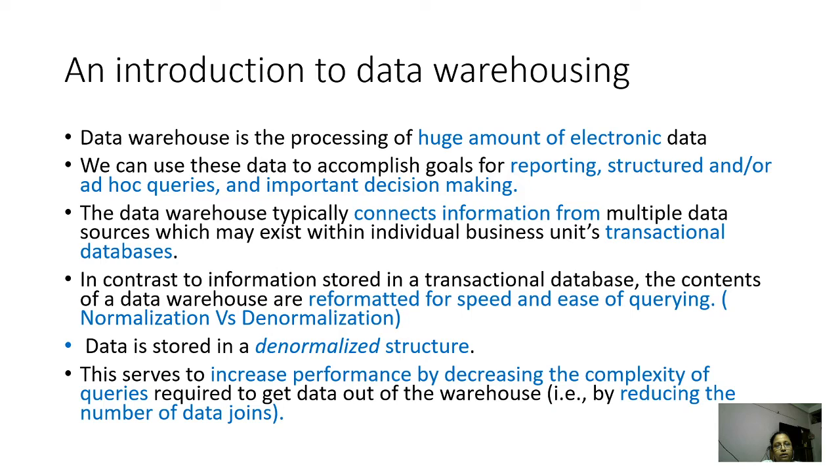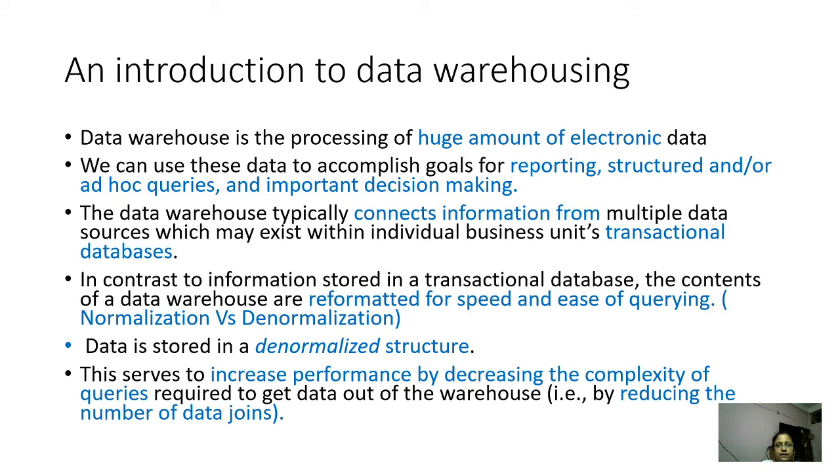Now, we may have a question: from where does the data get collected to store in the data warehouse? The data comes from various locations, various sources, and the data warehouse connects information from multiple data sources.